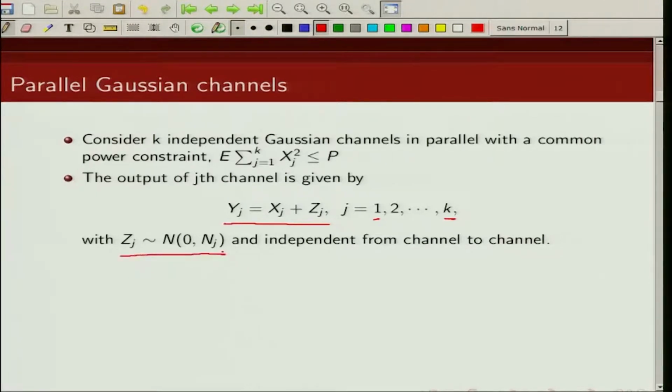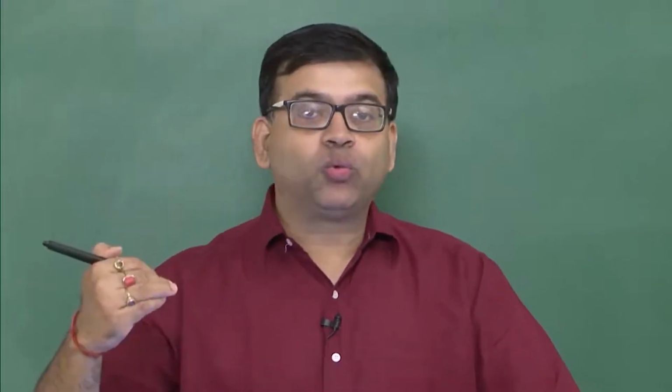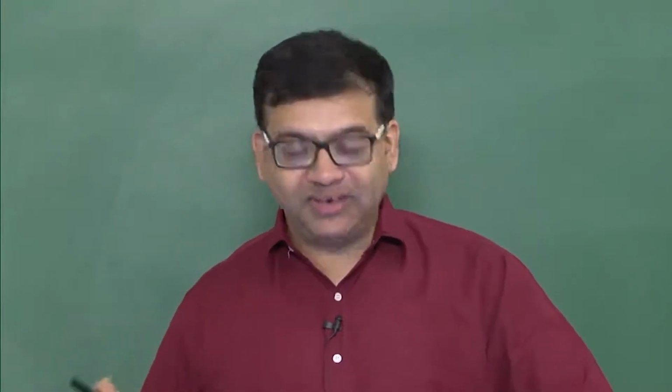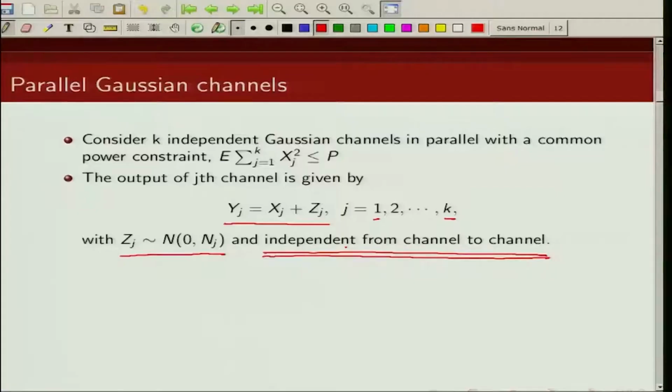Noise is zero mean with variance Nj, and this is considered to be independent from channel to channel. Subsequently, when we talk about colored noise, we will assume that the noise is not independent, and then we will compute the capacity expression for that as well. For the first part, we are assuming that the noise is independent from one channel to another. So, noise N1 is independent of N2, which is independent of N3, up to Nk.